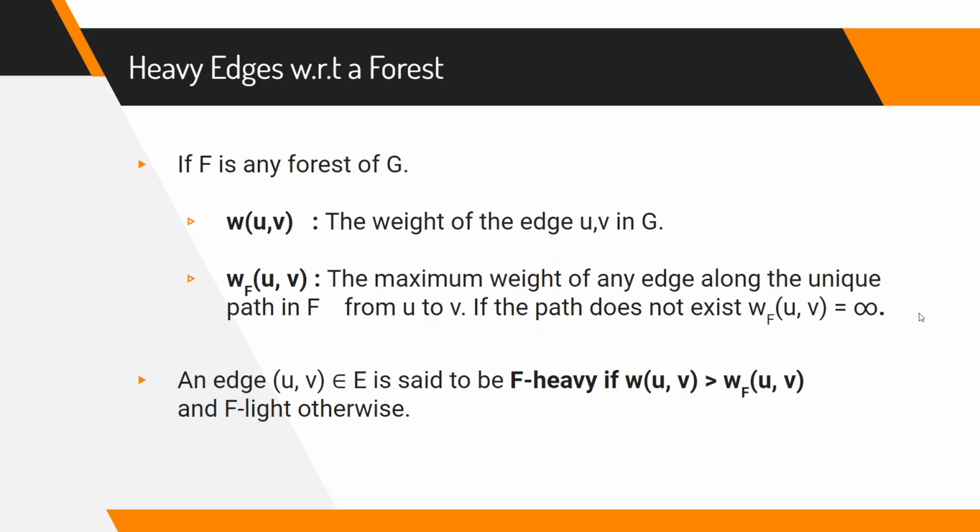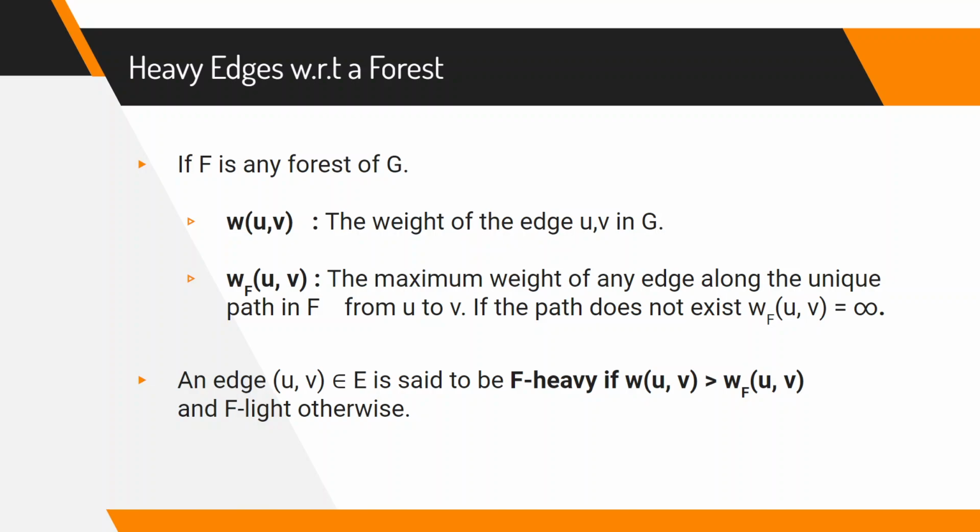Now, if F is any forest of G, then weight of u comma v will be the weight of the edge u comma v in G, and weight of u comma v with respect to F, that we will be writing as wF of u comma v, will be the maximum weight of any edge along the unique path in F from u to v. If the path does not exist, then wF of u comma v will be infinity.